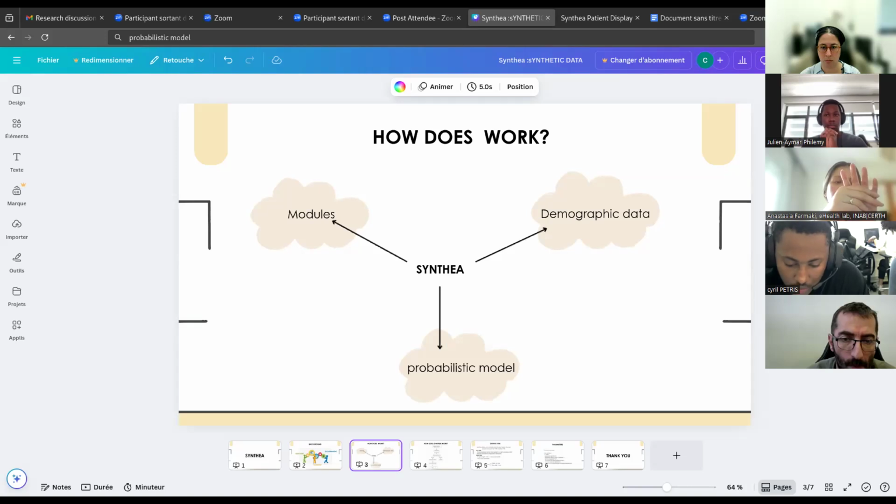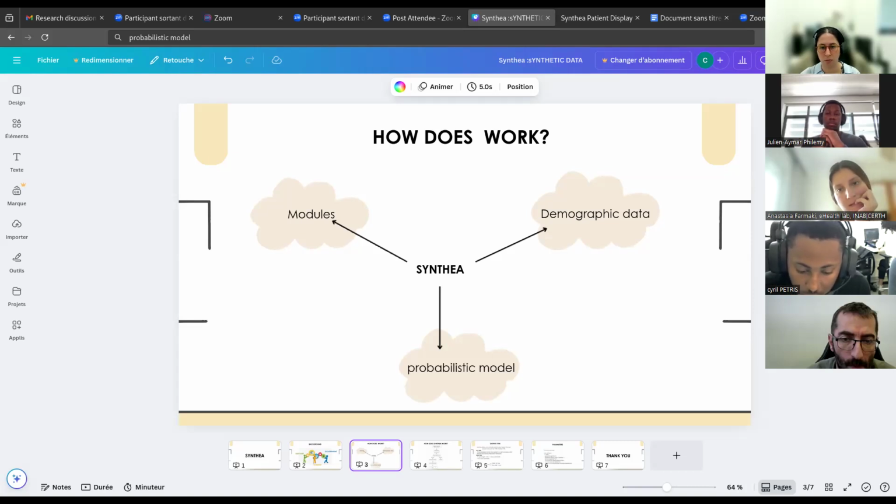Another pillar of this project is the demographic data they are gathering. Those demographic data help the model to be realistic and not have wrong information.